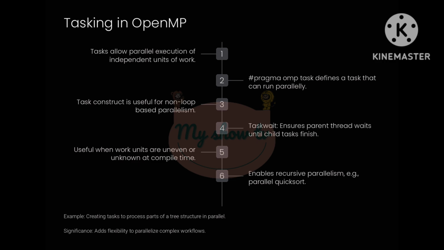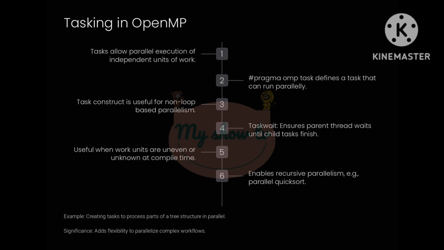Slide 8. Tasking in OpenMP. Tasking allows dividing a program into small tasks, which can run in parallel. Instead of only parallelizing loops, pragma omp task lets us create tasks for any independent work, like recursive function calls. Useful when we don't know workload at compile time, or work units are irregular or dependent on conditions.